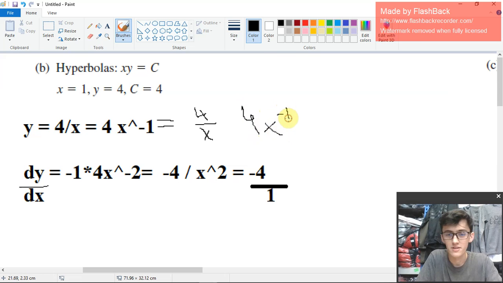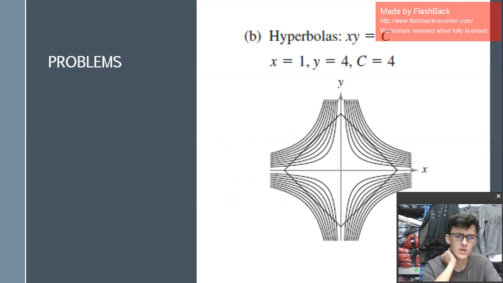When we find the derivative, this minus 1 comes down, and minus 1 minus 1 will be minus 2. If we rewrite it, it will be in this form, minus 4 over x squared. Then we substitute x and we get minus 4. So yeah, that's minus 4. And here's another optical illusion where the lines seem to be curved.